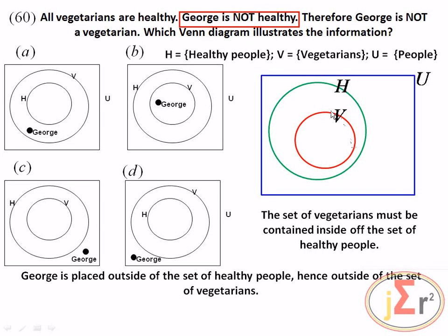The set of vegetarians will be inside the set of healthy people. George is not healthy. Being away from the set of healthy people, he is sure to be away from the set of all vegetarians. So there we have George outside.